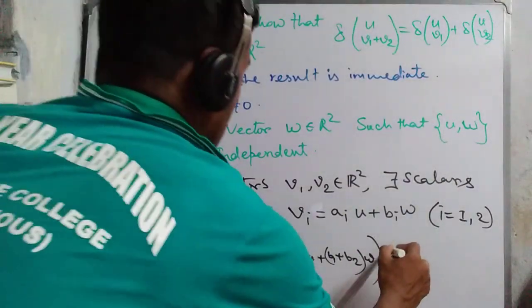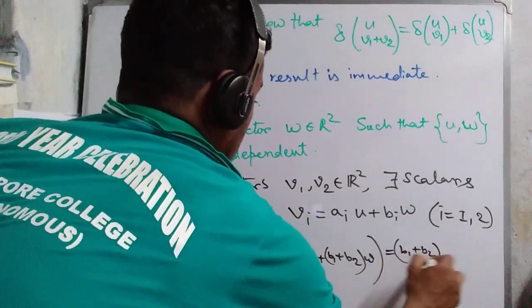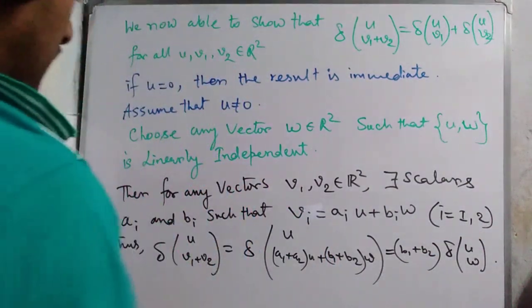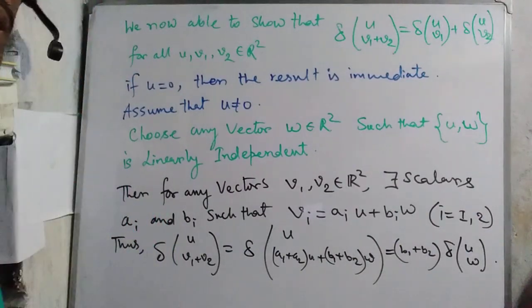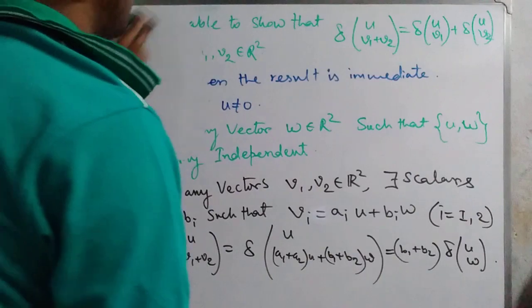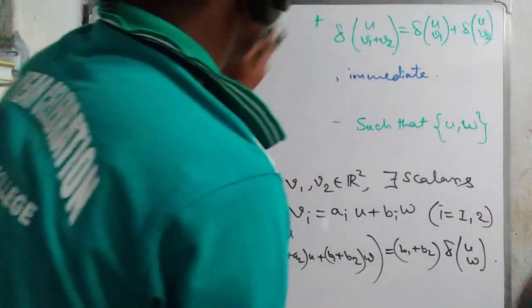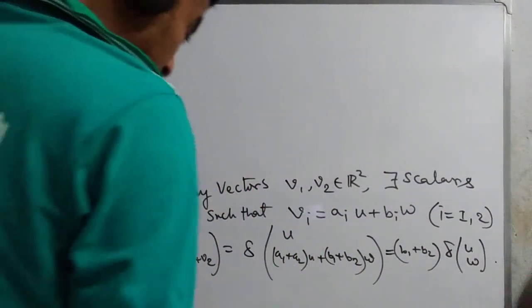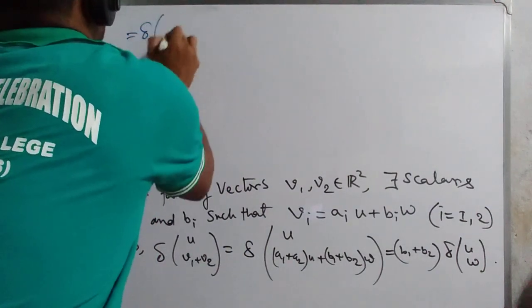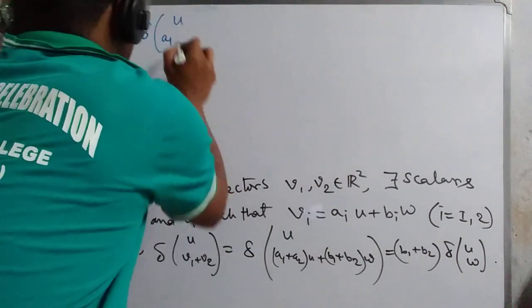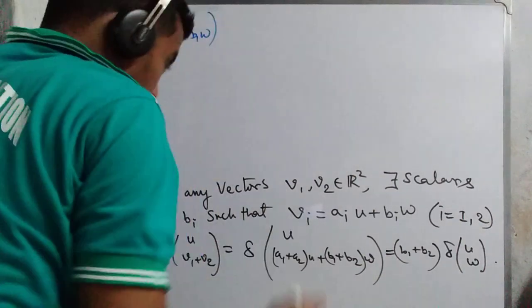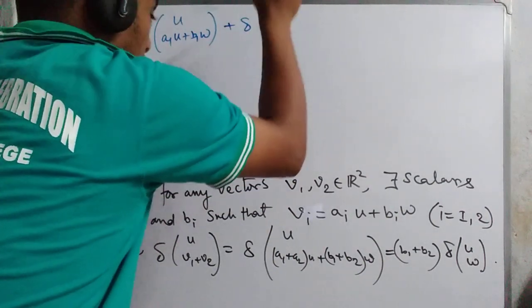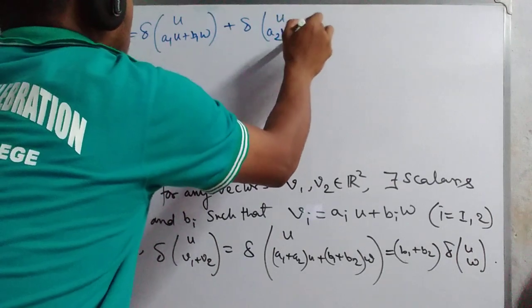Then this one equals b1 plus b2 delta u w. Then we write it in this way, and this one equals delta u, a1 u plus b1 w, and plus delta u, a2 u plus b2 w.